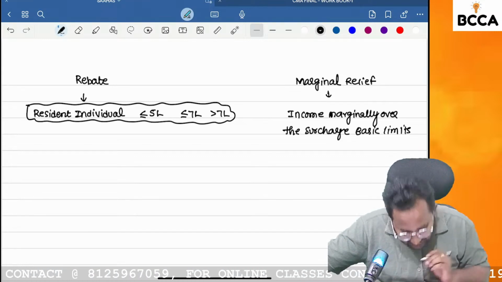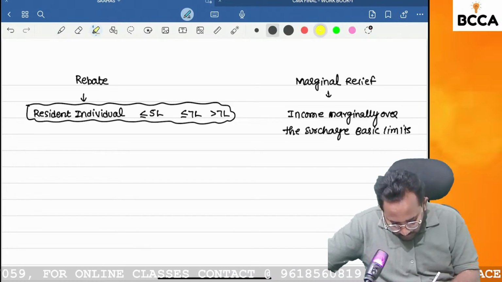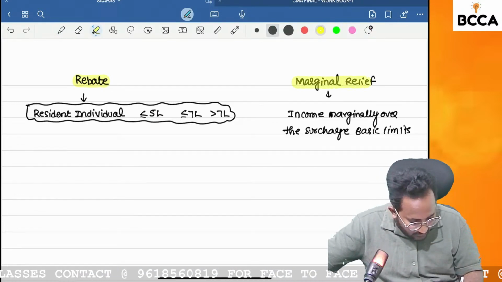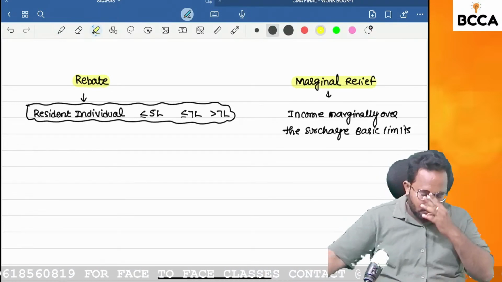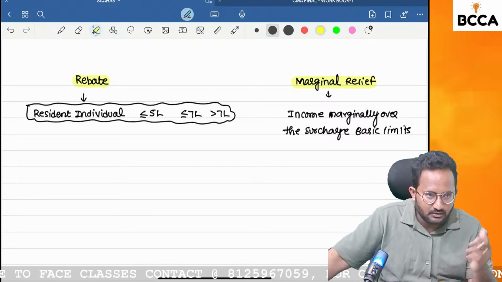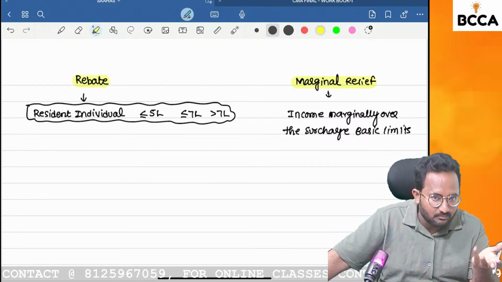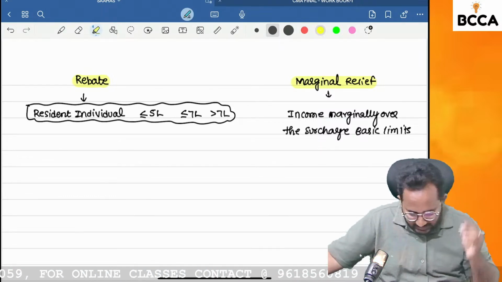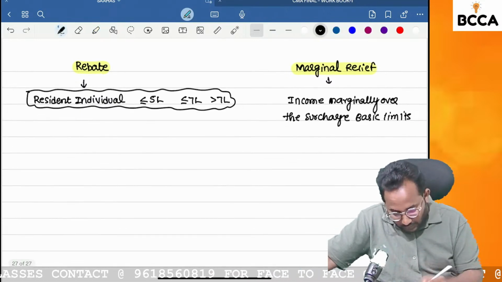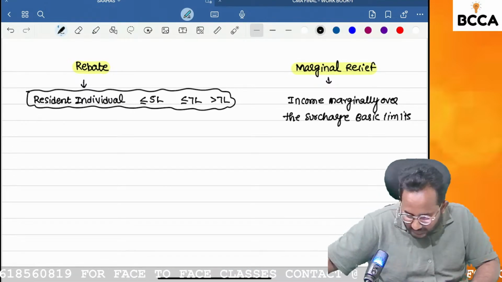Marginal relief. These two things are mutually exclusive. So if you aren't poor, you will get rebate. If you aren't rich, you may get what? Marginal relief. That's it.